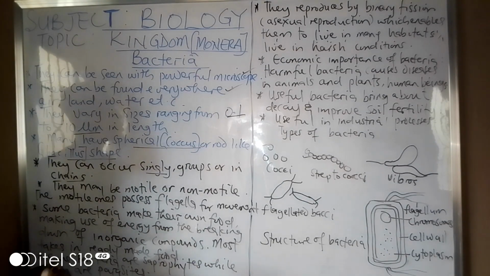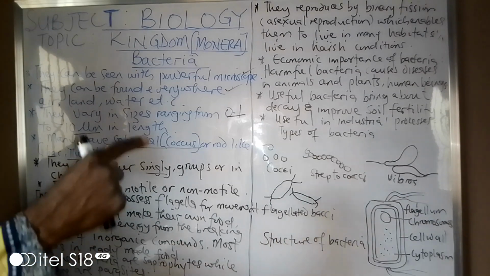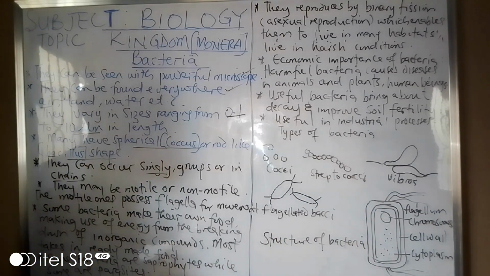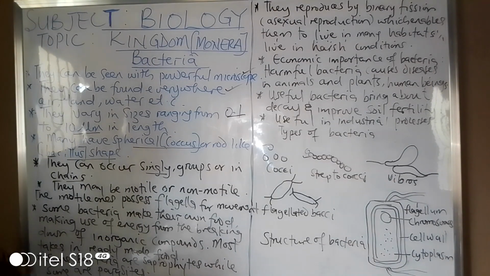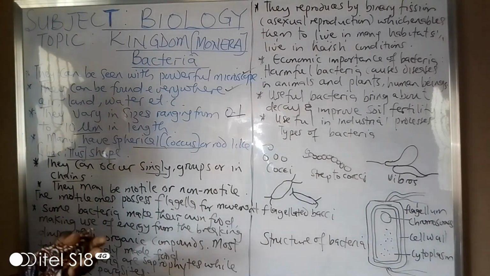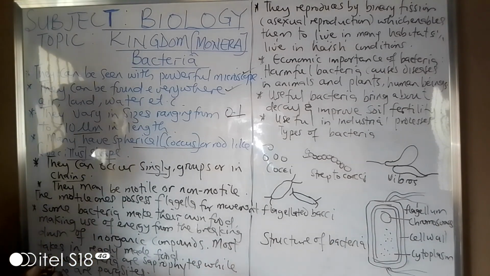Another one is that the motile ones tend to have what is called flagella. Flagella is one of the features that enables them to move, especially those present in water. They move with the aid of the flagella. Now in terms of food, some derive food from the host, from where you find them.